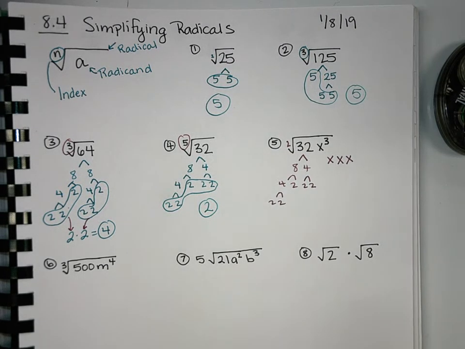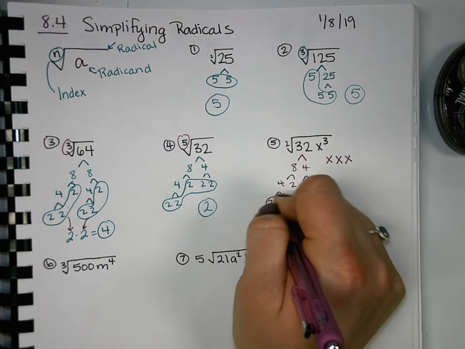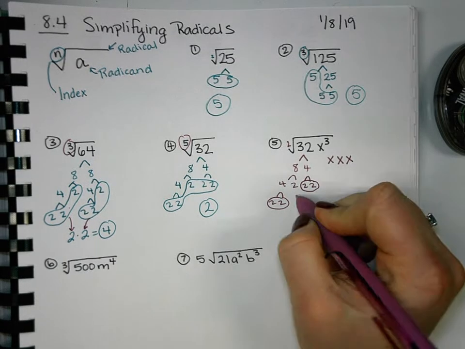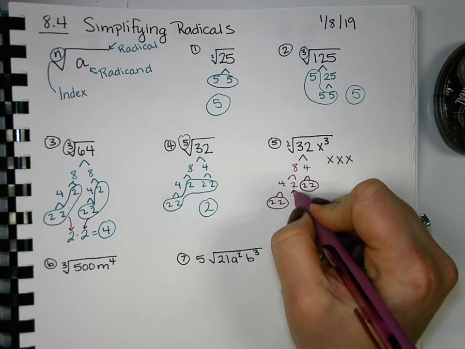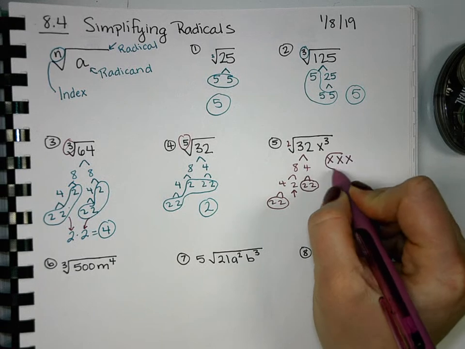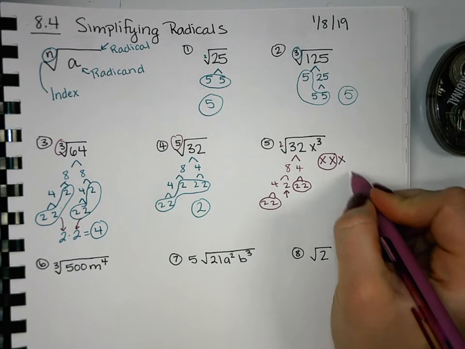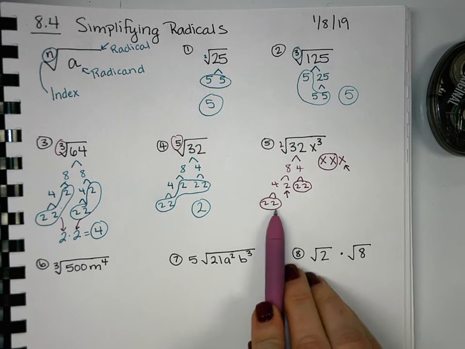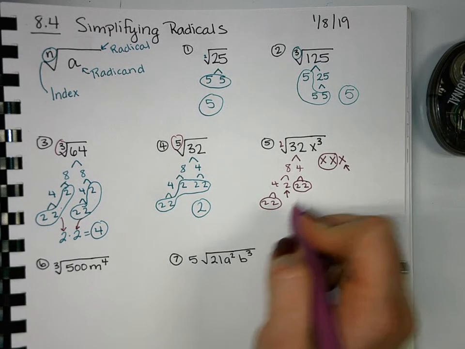Okay, we're looking for groups of 2 because it's a square root. So there's a group of 2. There's a group of 2. I have something left over. Over at my letters, I have a group of 2 with something left over. So everything that grouped up comes outside.